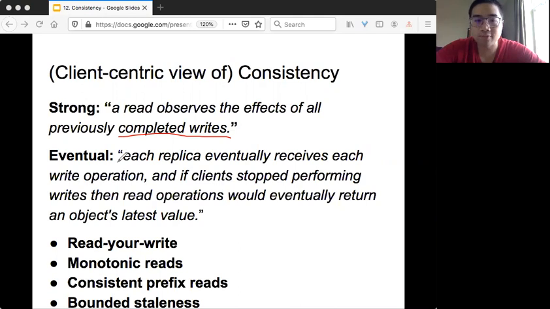Here we adopt one of the simplest: let's assume that the replicas or servers eventually receive all the write operations. If there are no more writers, meaning no new updates issued to the system, then eventually the read operation will return the key's latest value.